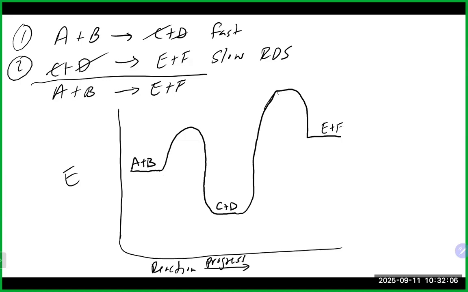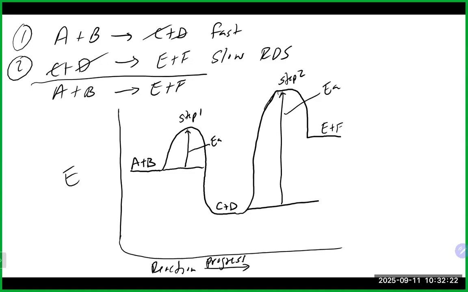Now, this is our first step, and this is the activation energy for step one, right? And the activation energy here would be for our second step. What is the difference here between the activation energies?